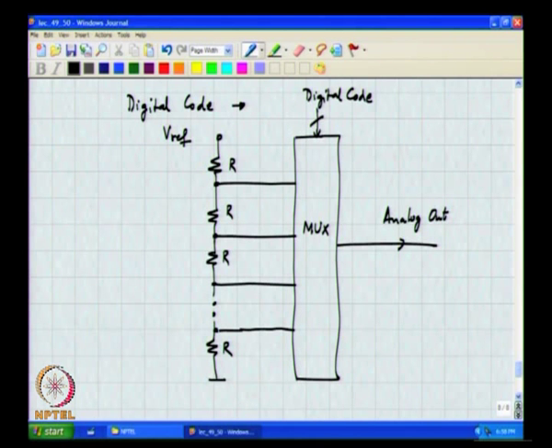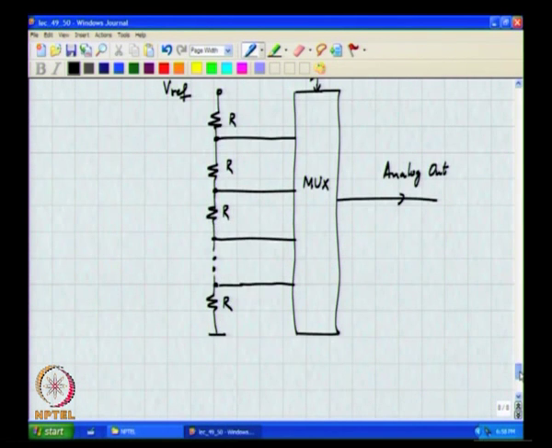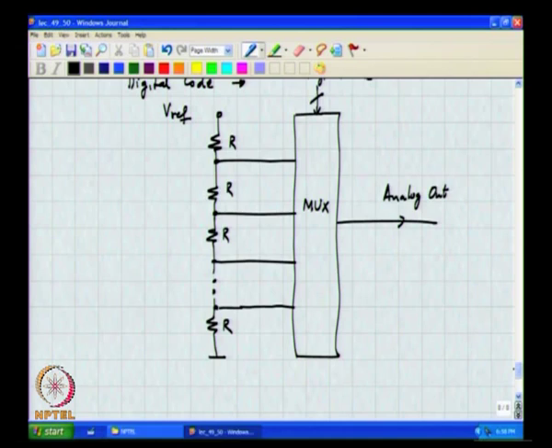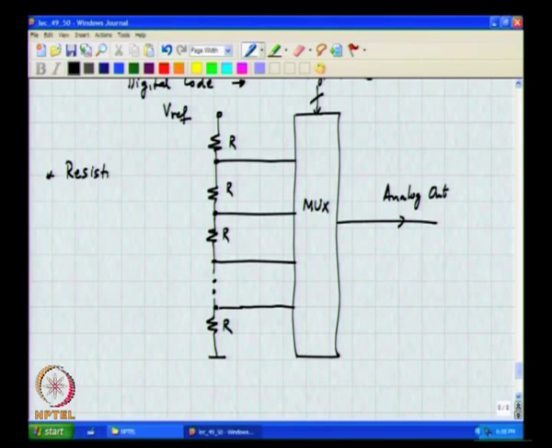So, what do you think are the problems with this approach? Pardon? Of course, resistor mismatch will mean that the steps are not exactly equal. All right.